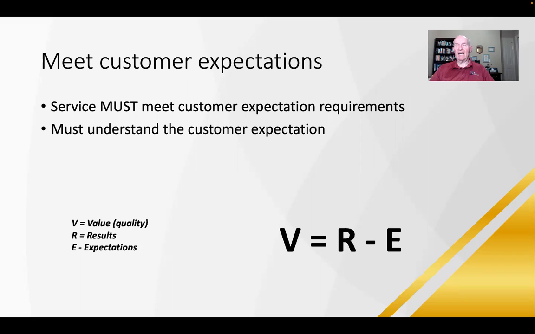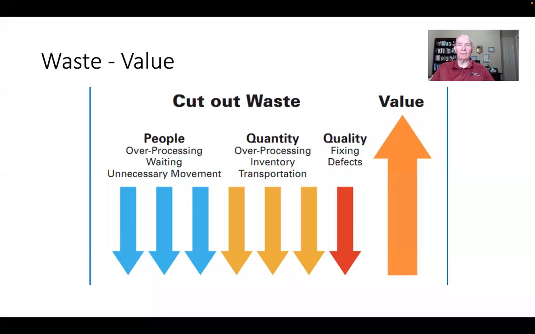If we exceed that, then of course the results of the visit are above that. So if we think about V equals R minus E, what are the results and the expectation, and how that relationship works becomes very important for us to think about. We also then think about, in terms of that customer, another part of, remember, our definition of lean, which talked about waste.